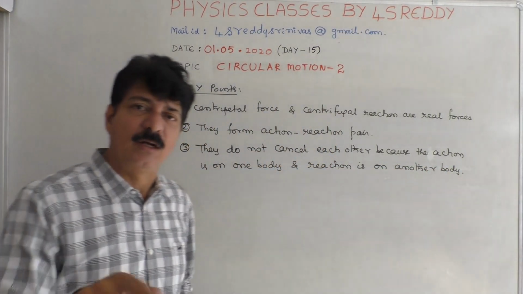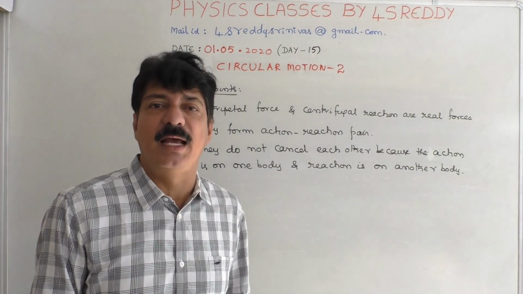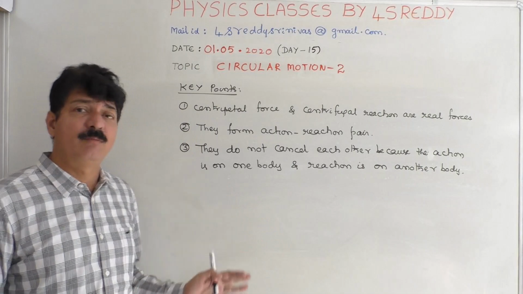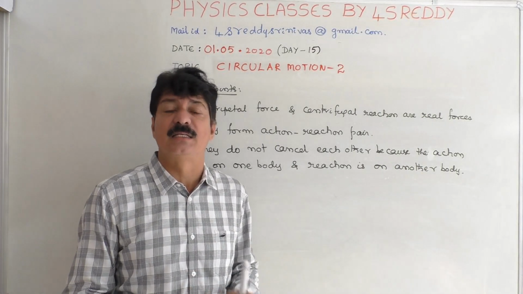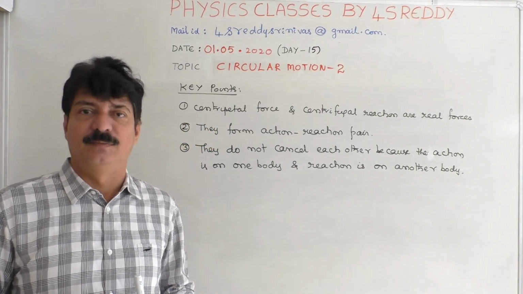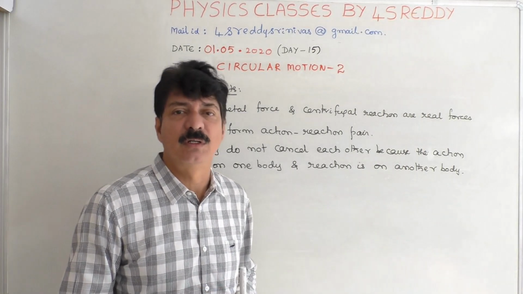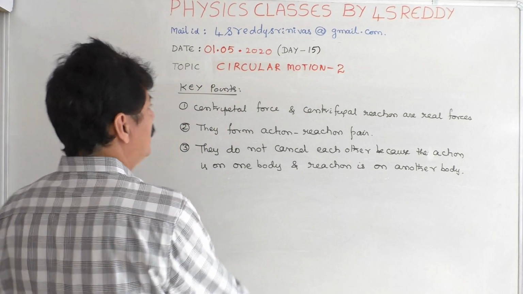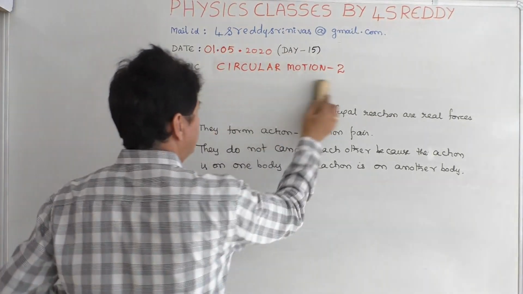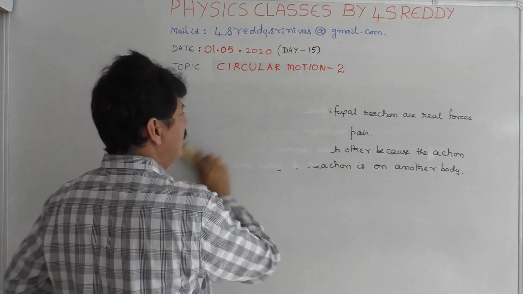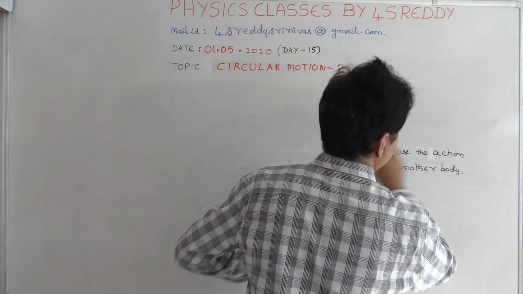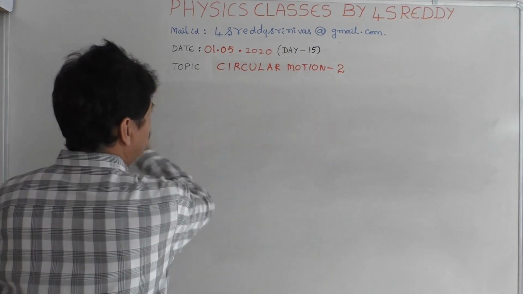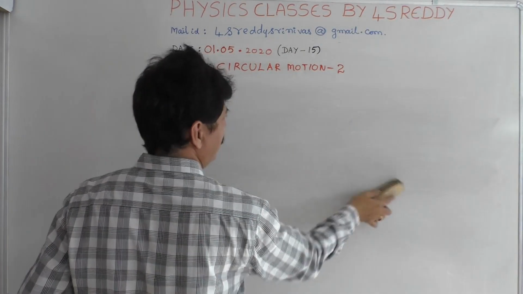If both are acting on the same body, then it cannot form an action-reaction pair and the net force becomes zero. But here, action is on one body and reaction is on another body, hence they do not cancel each other. That's a very important point we should know. Now, once you got the idea of these two, there's another force that exists whenever an object is in circular motion, and that is the centrifugal force.